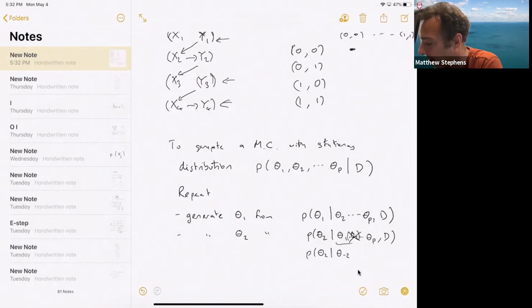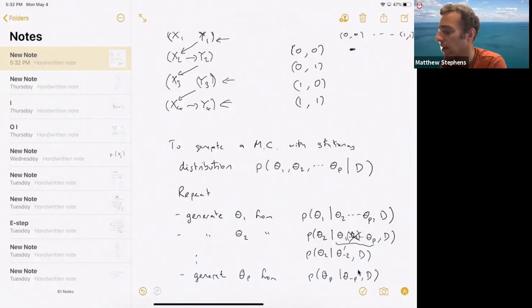And in general, the last one will be: generate theta P from P of theta P given theta minus P and D, okay?